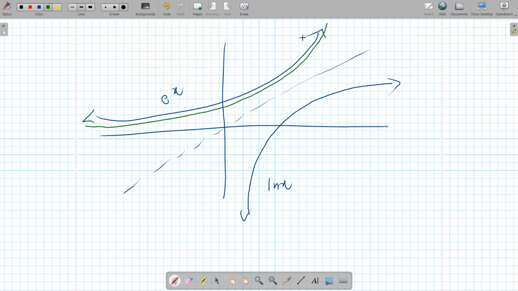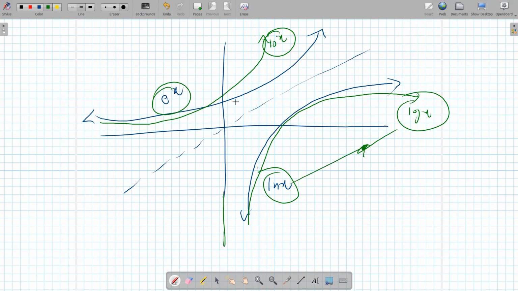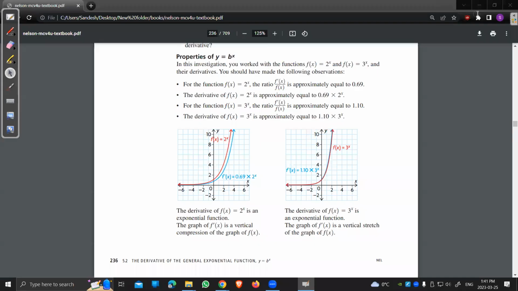It's very similar to e to the power of x, but it grows a little bit quicker. The inverse of 10 to the power of x is log of x. See, log goes with 10. Ln goes with e. That's the difference. It has the same properties as log. It will never be 0, and it's always going to go up.